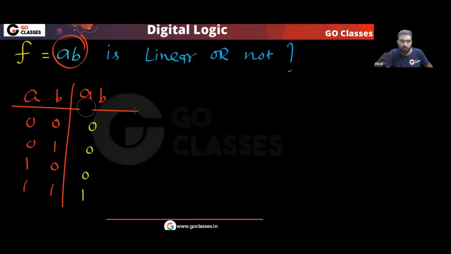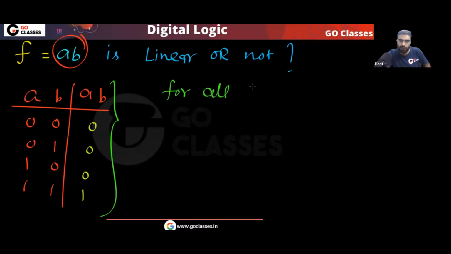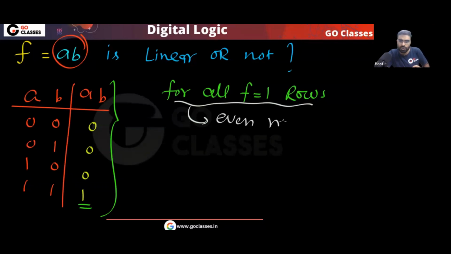For all f equal to 1 rows, what is happening? See, here you notice, this is the f equal to 1 row. How many ones are there in the input? Even number of ones, yes or no?